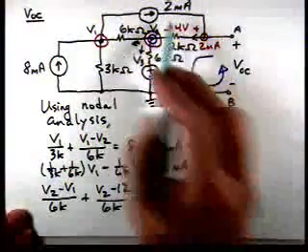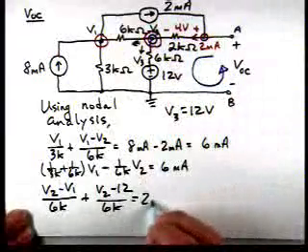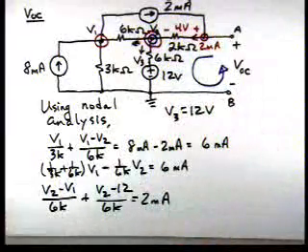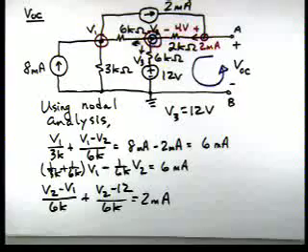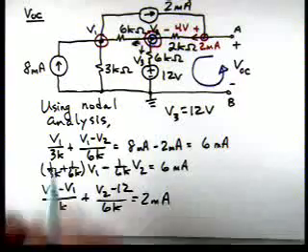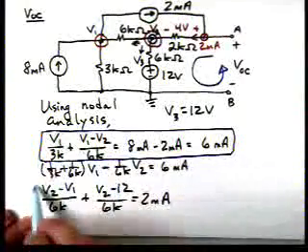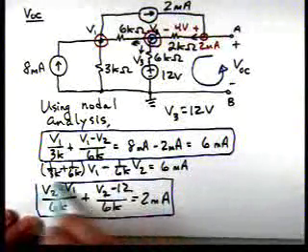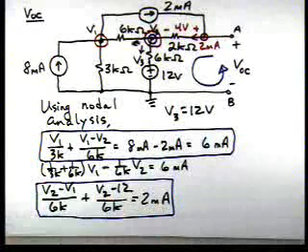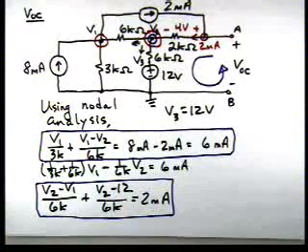Now if we look, there's 2 milliamps entering that node. So here are our two equations to solve. And in fact, probably would have been easier to have solved this with mesh analysis.